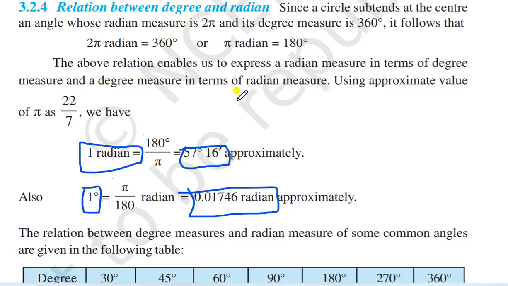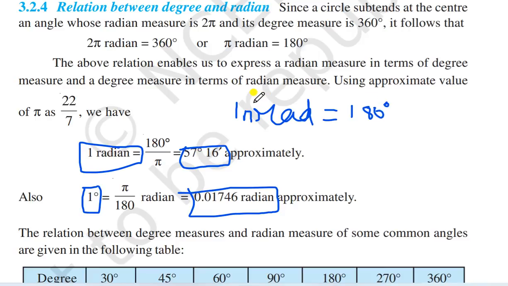So we know that 1 pi radian is equal to 180 degree, right?